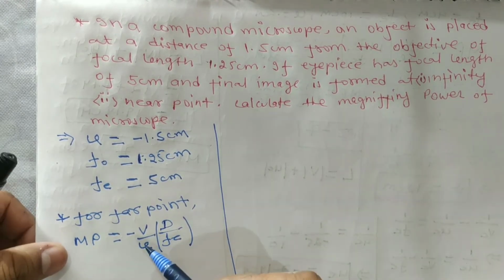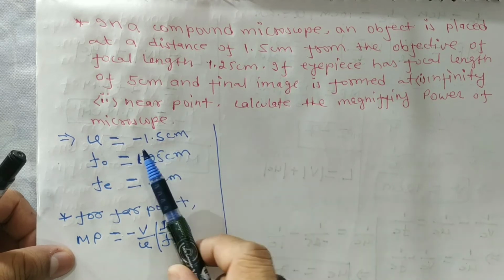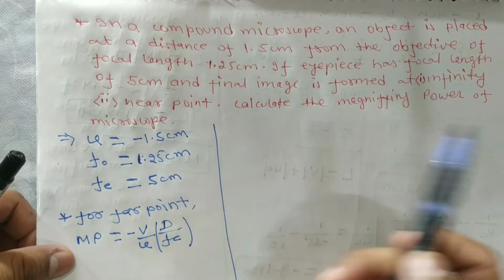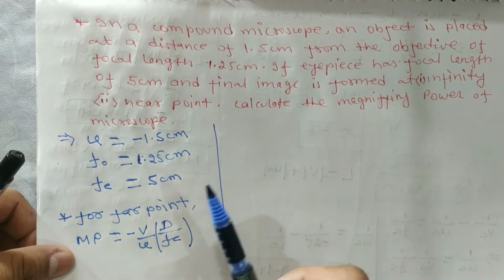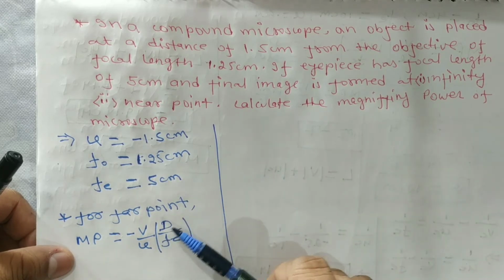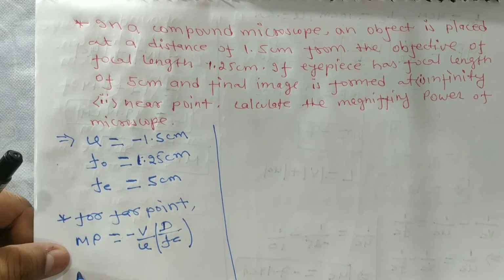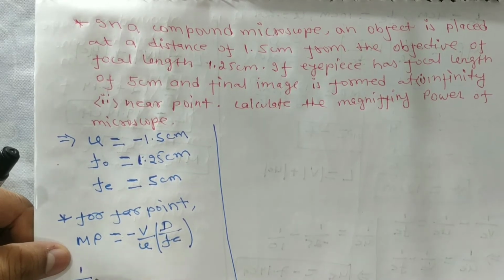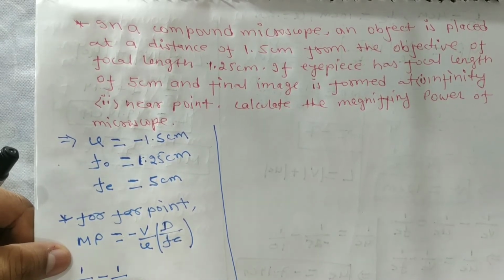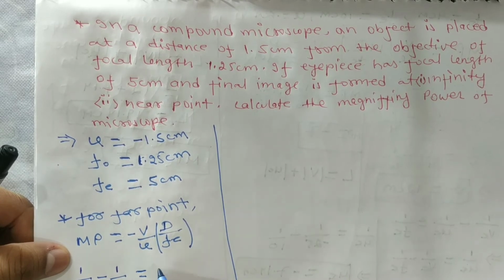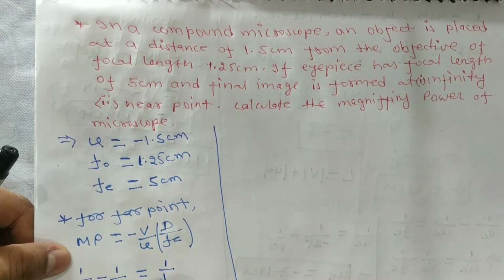Now, u is given, 1.5 centimeter. V is not known in this question. D is known and fe is known. Now we have the formula 1 upon v minus 1 upon u equal to 1 upon f naught.